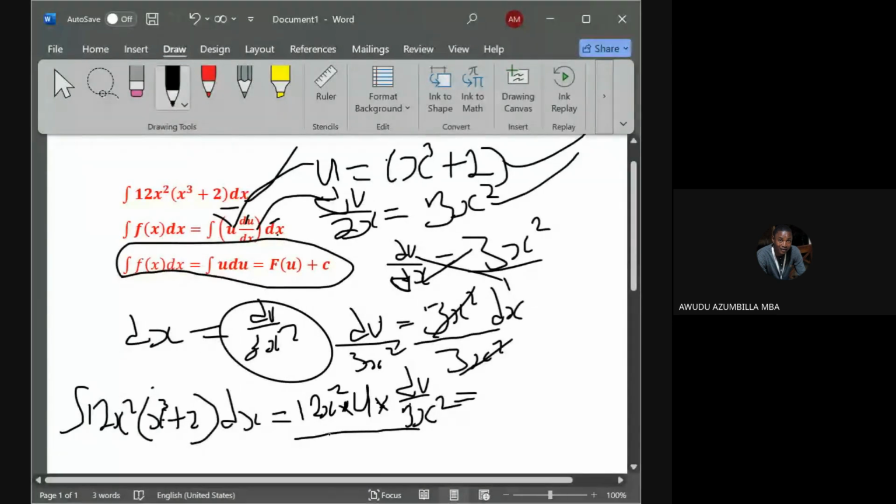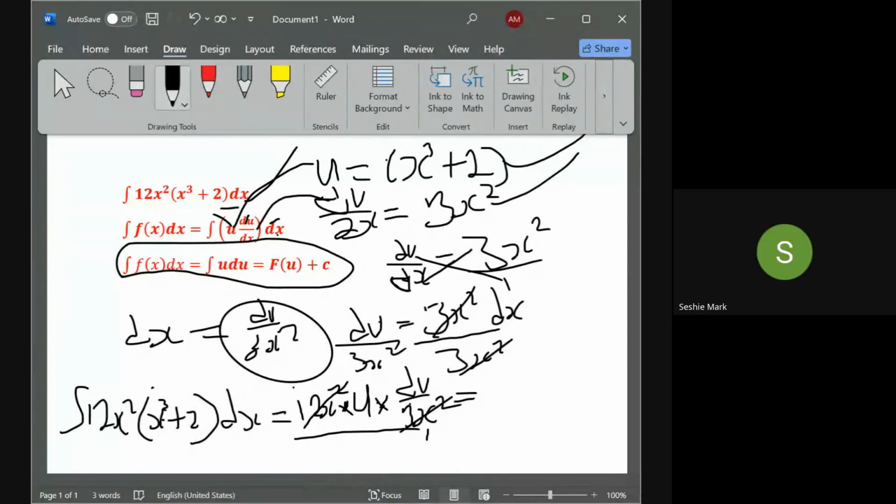Now, if we look at this one carefully, we have 3x squared. We also have 12x squared. We can say that 3x squared and 12x squared have a common factor. So this one will go to itself 1 time. This one will go to here how many times? 4.